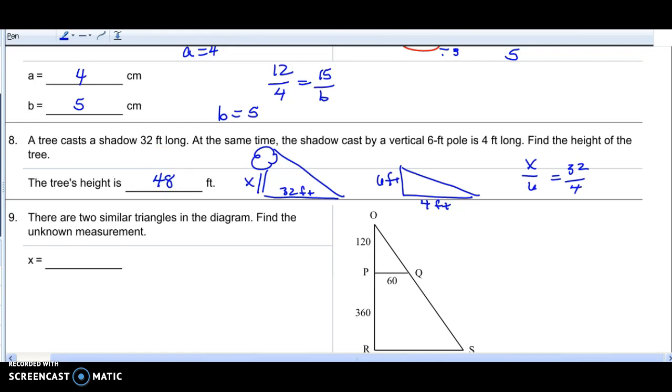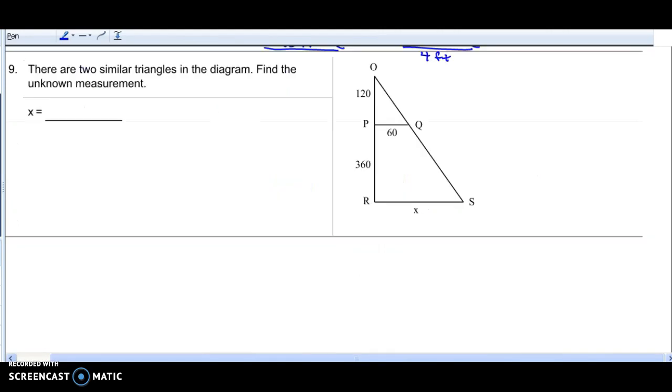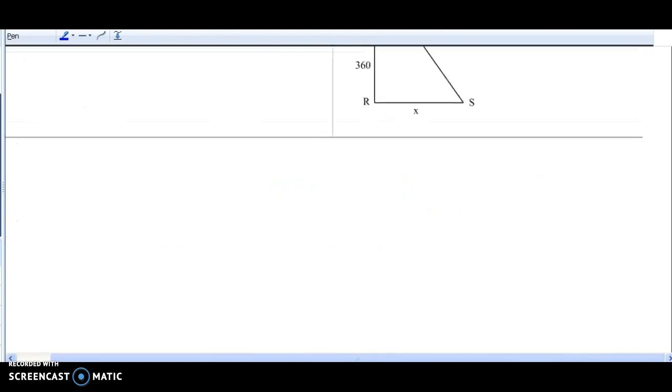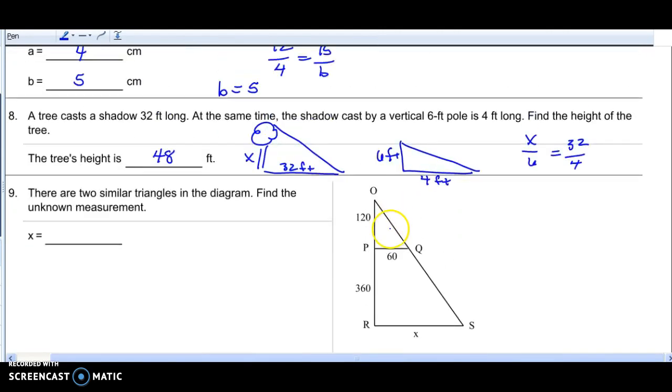One more similar figure, but this one's actually inside another figure. So it may help to extract the small triangle out. I've got this little triangle here that has a 60 and a 20.